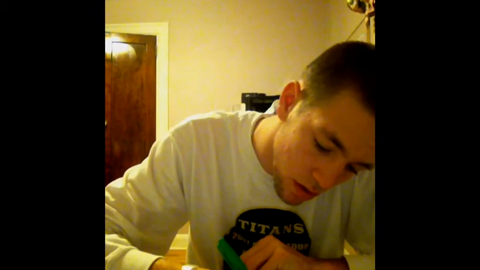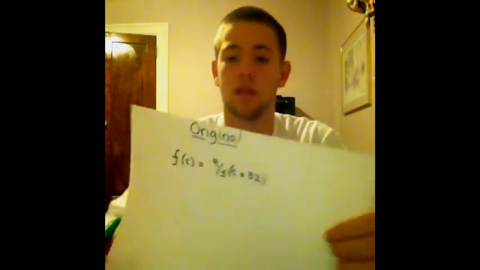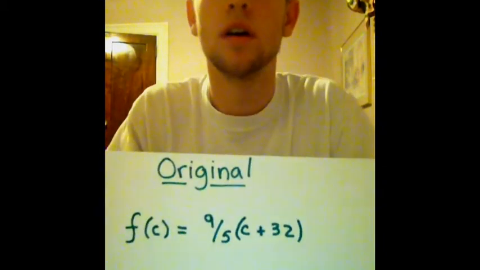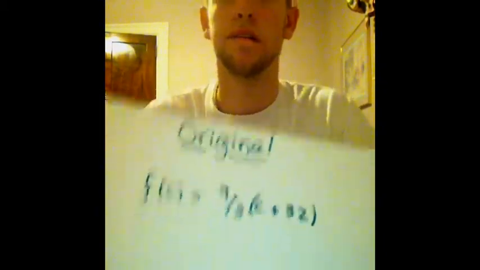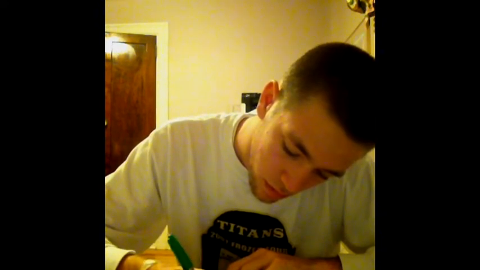For a real-world application, temperature is often used as an example. For the original, you are trying to find Fahrenheit, as shown right here. In order to find the inverse of that, you need to find the Celsius temperature.